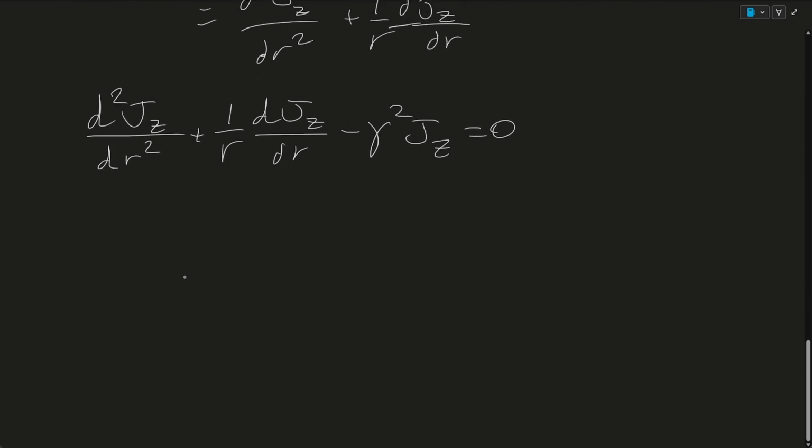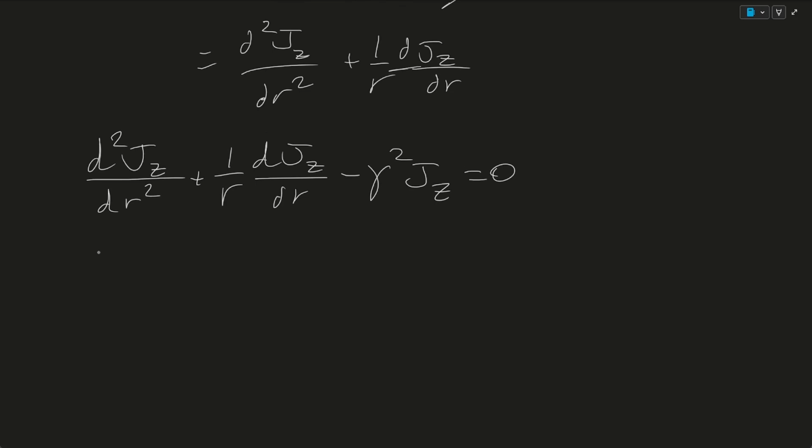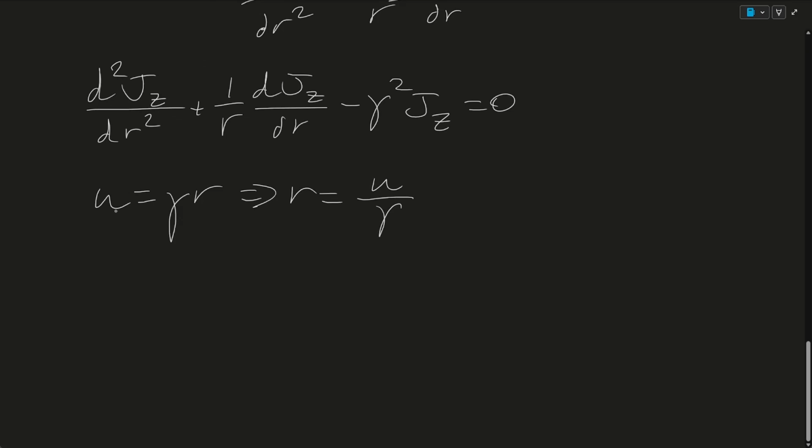We can make this a bit more obvious by performing a change of variables. I'm just going to use u equal to gamma r, so r is u over gamma, and hence dJz/dr is equal to, using the chain rule, gamma dJz/du.